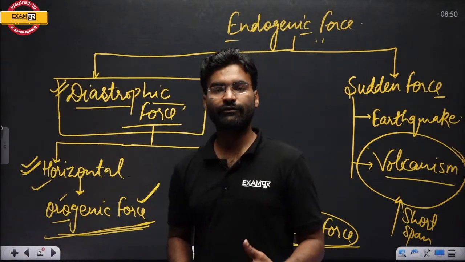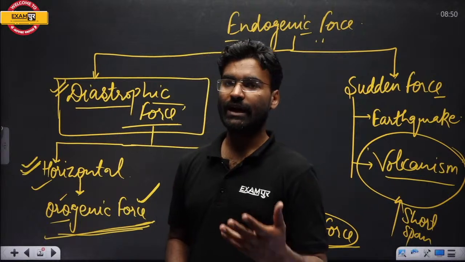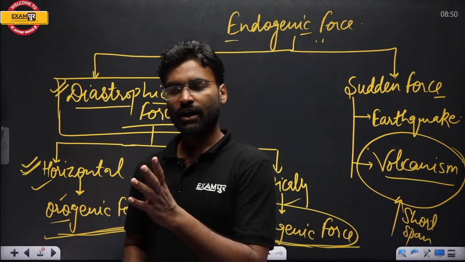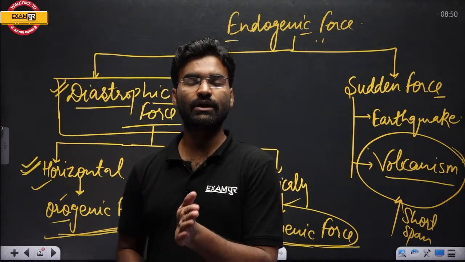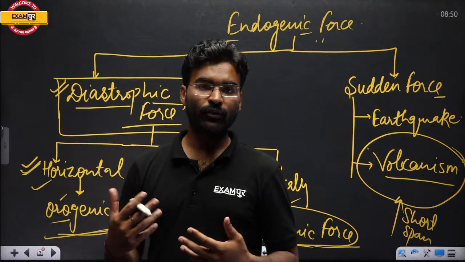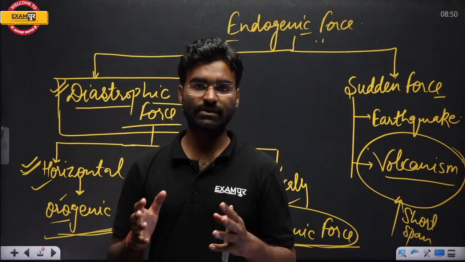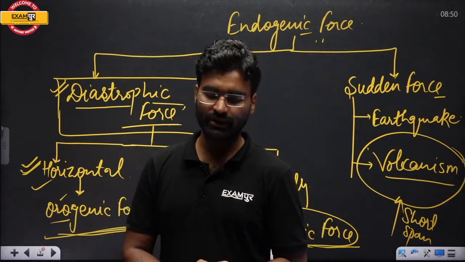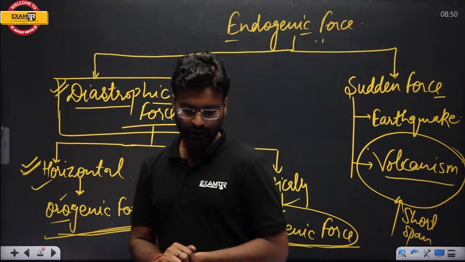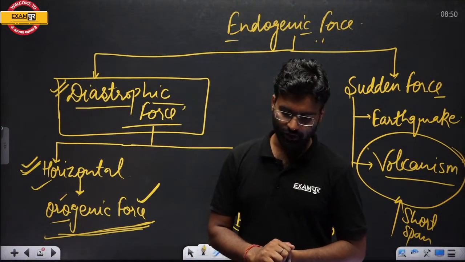Why different types of mountains are formed in different regions, why the Himalayan mountain is a folded mountain, why there is no block mountain there, what factors are responsible for the formation of block mountains, and the different types of mountains. This topic would be very important for you.